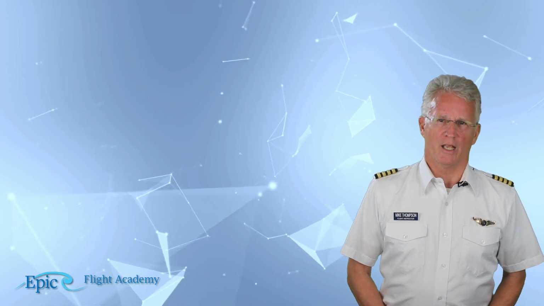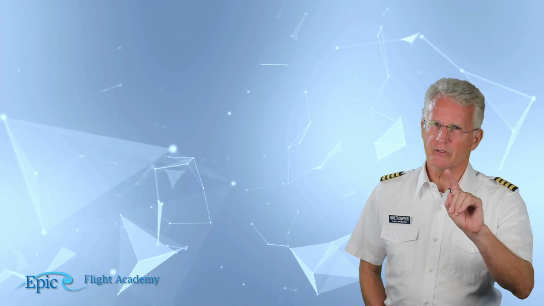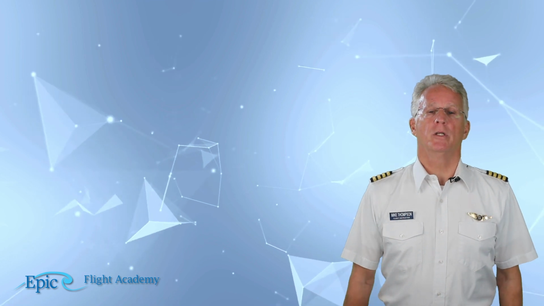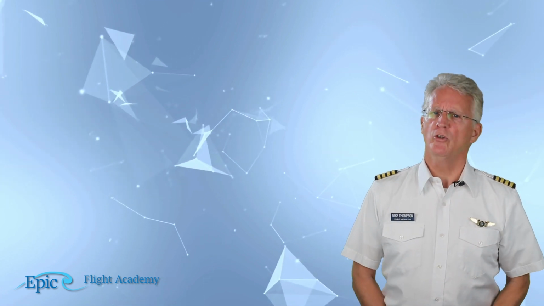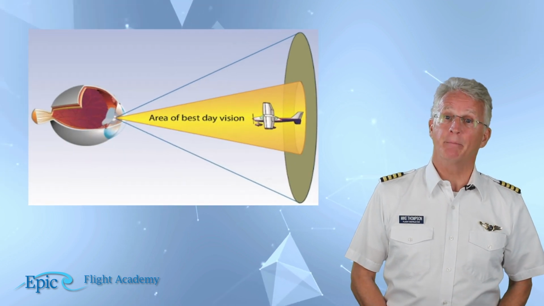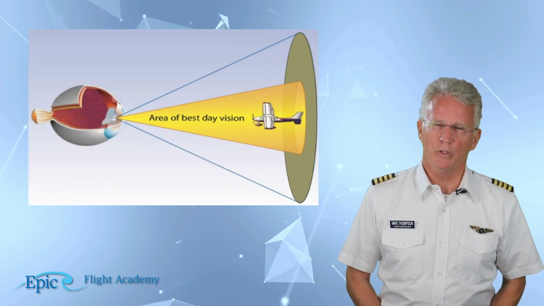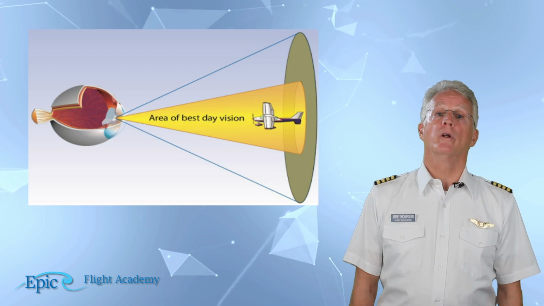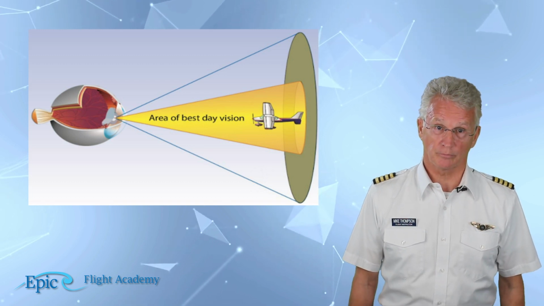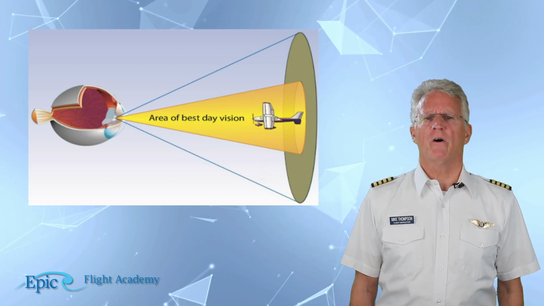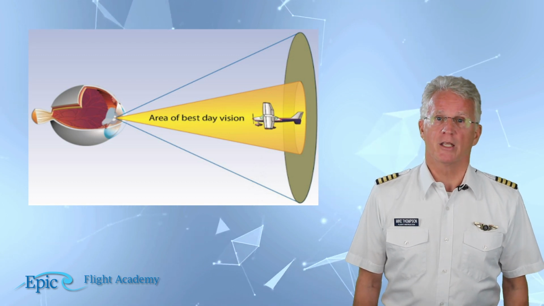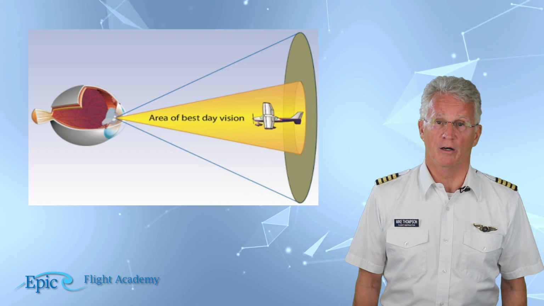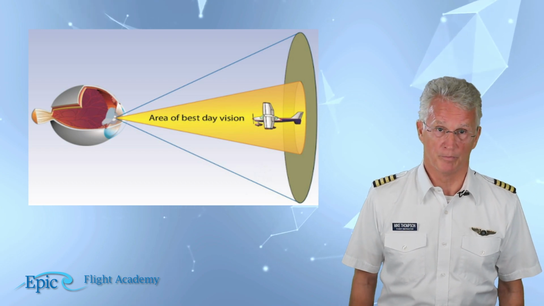When we go flying at night, the first consideration needs to be our own limitations. As humans, our eyes are adapted to see clearly and with accuracy during the daylight. During the day, we focus our vision on the fovea, where there is a concentration of cone cells.